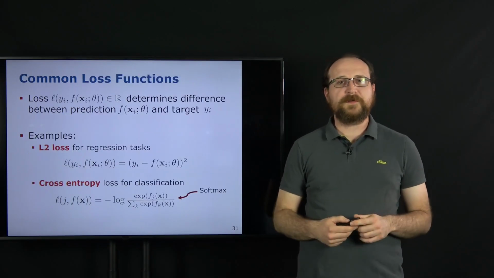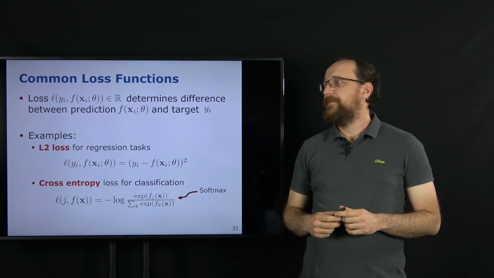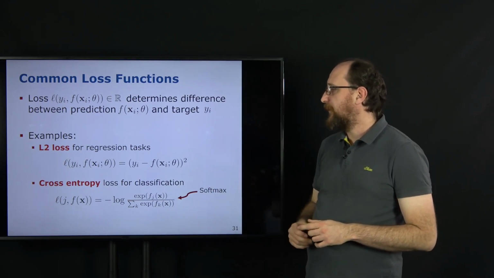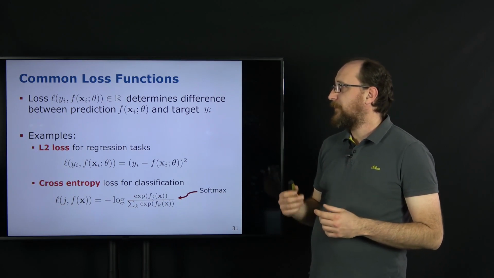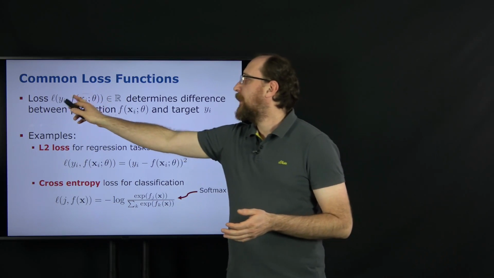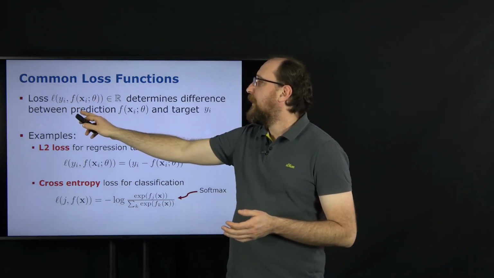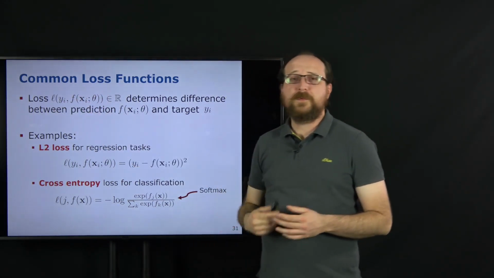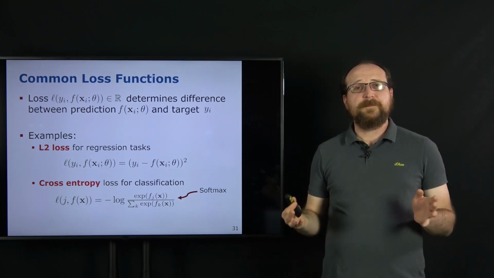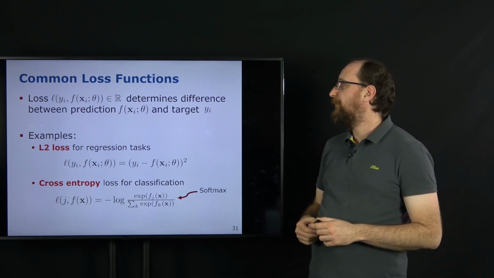So common loss functions are basically the L2 loss for regression tasks and the cross entropy loss for classification. The loss measures basically the difference between the output that we are generating and the target output that we want to learn in the end, such as, maybe for a bounding box, that the bounding box corresponds to a car.